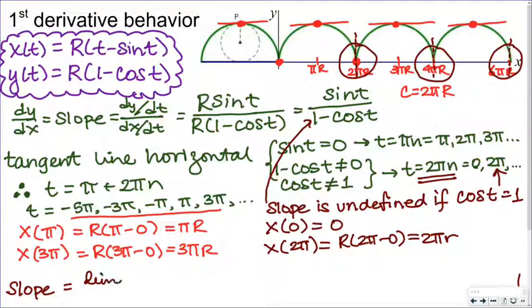I can say the limit as t approaches 0 of the slope, well, that's 0 over 0.